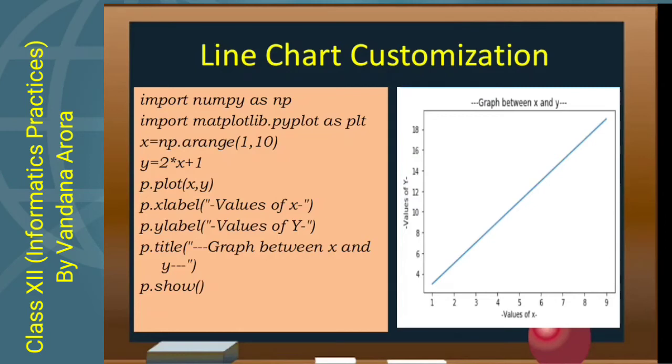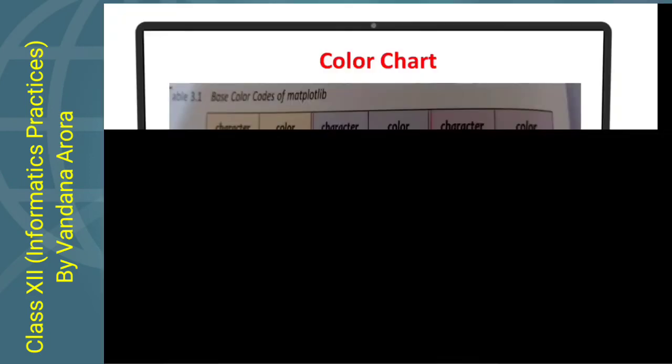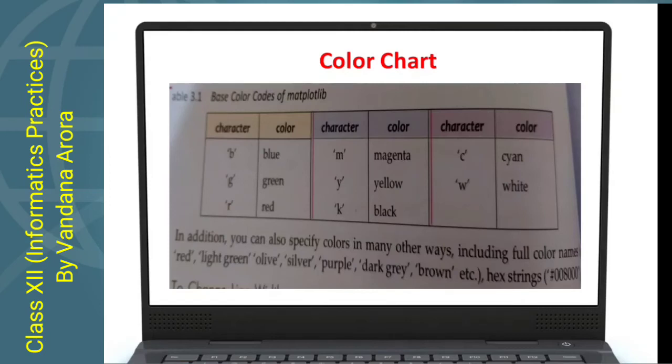Three more lines I have added so that my chart will become a little bit interactive. Now you can change the color of this line chart, but before changing the color I want to tell you the color codes which we can use in Python are in this table.